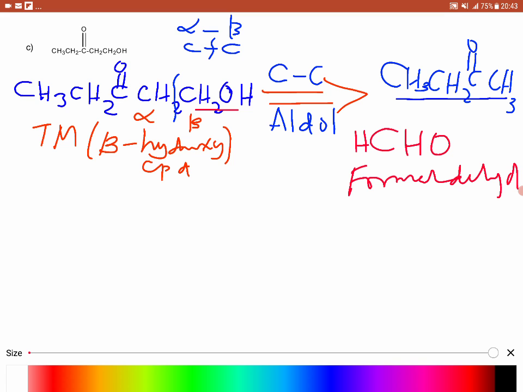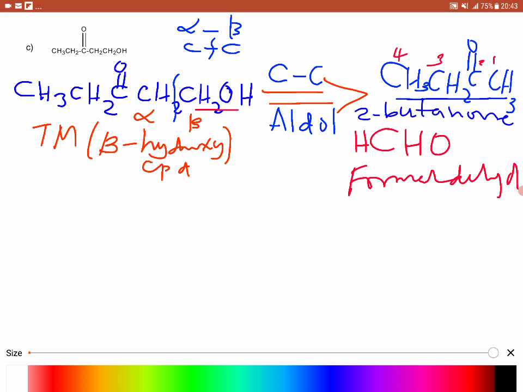It is having carbon number 1, number 2, number 3, and number 4. So the carbons are 4, and so it is butanone with the carbonyl carbon at position 2. So it's 2-butanone.